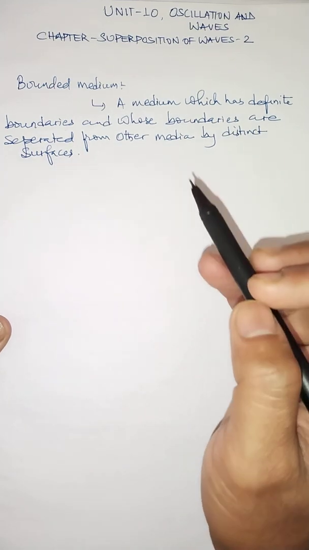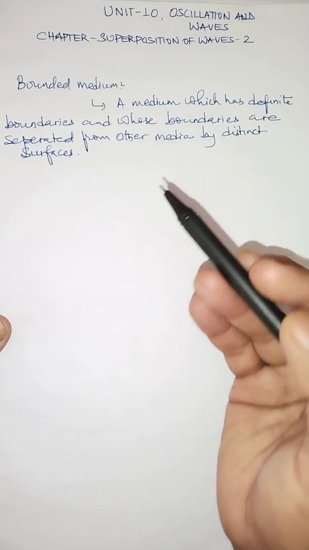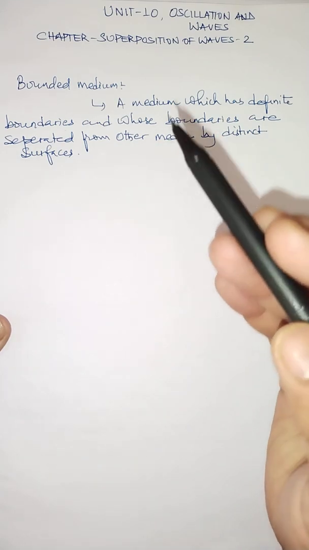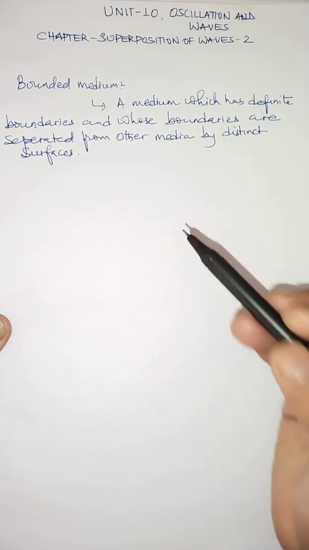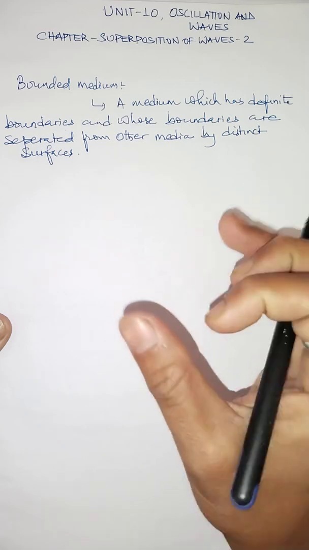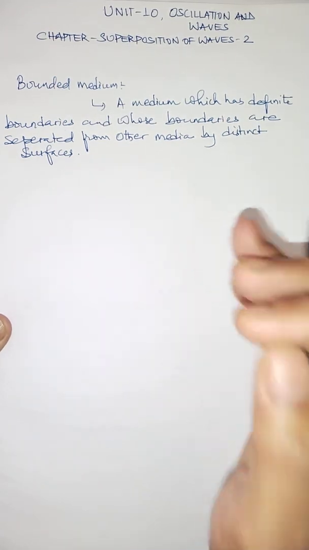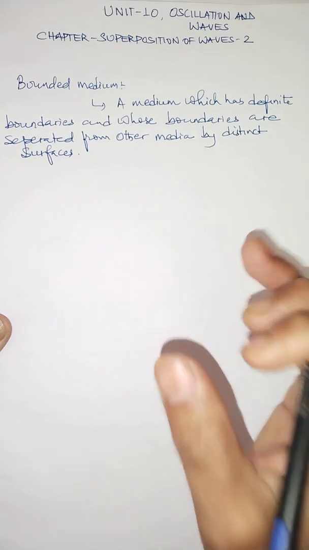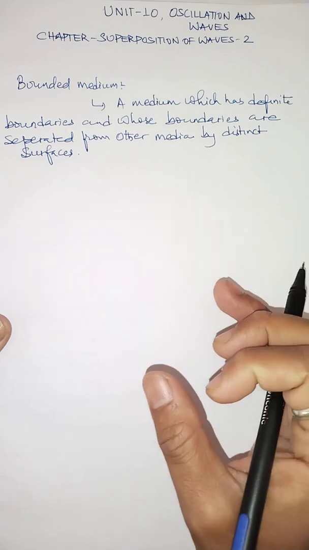Now, to understand what the bounded medium is all about: in this particular medium, the medium can vibrate only with certain definite frequencies, and these frequencies are the characteristic frequencies of that medium.